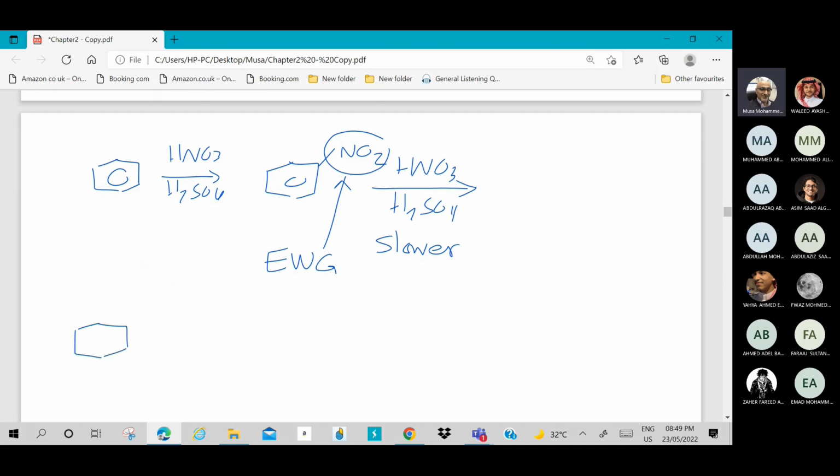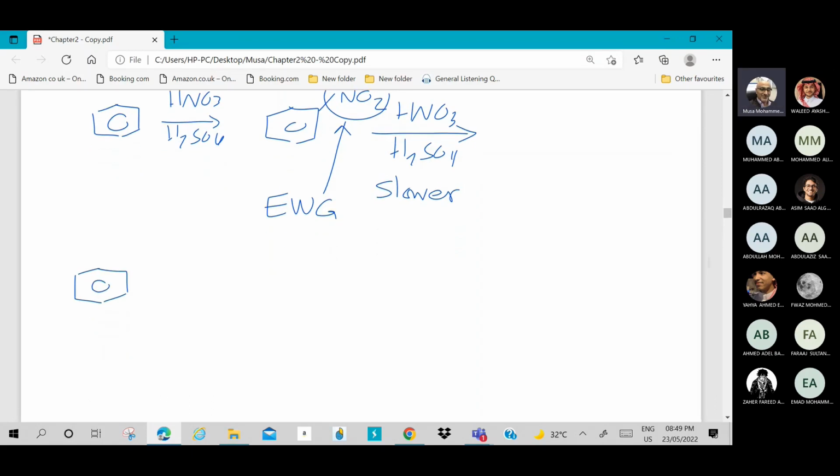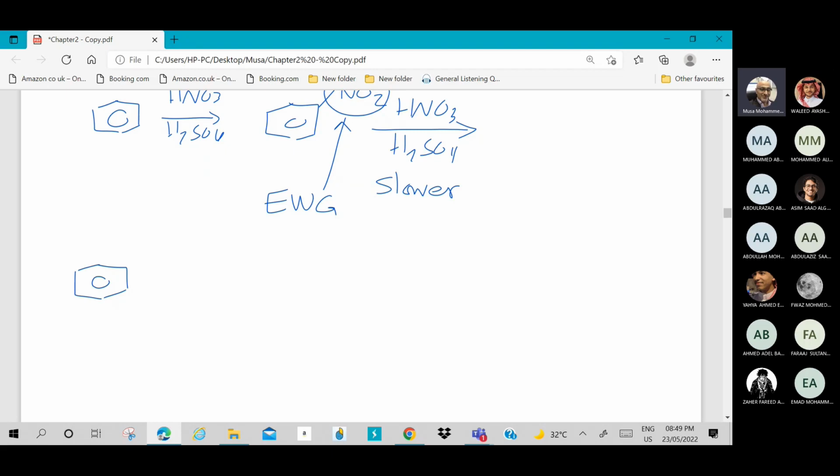Okay, so now when we have more than one reaction or more than one step to do, then if you have benzene ring and you want to go from this benzene ring to, let us say that you have here CH3 group, and you have here nitro group, and you are planning to do nitration reaction, HNO3, H2SO4.